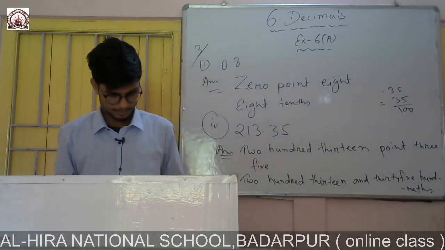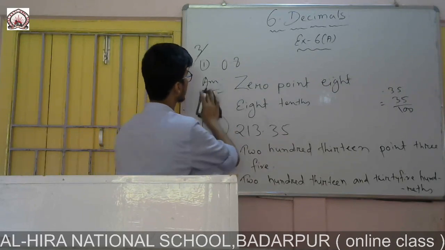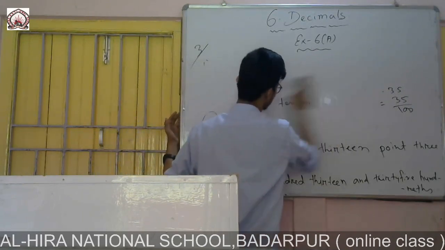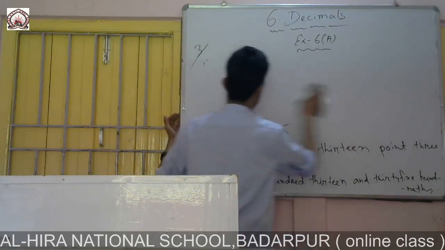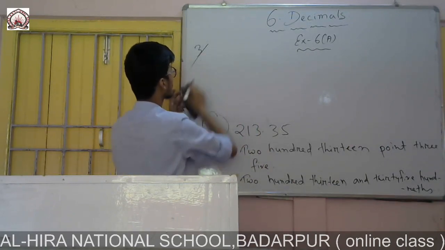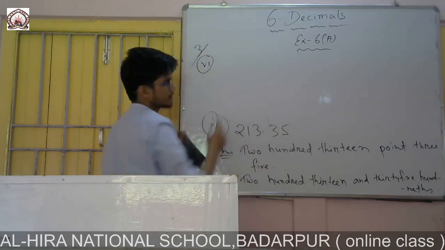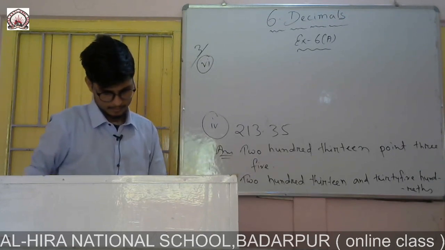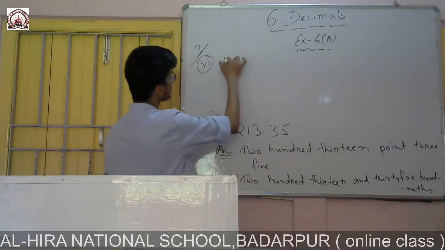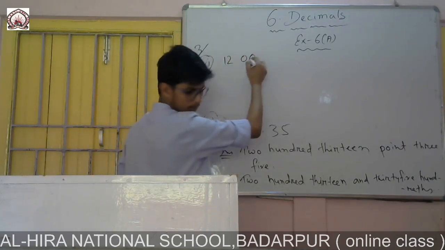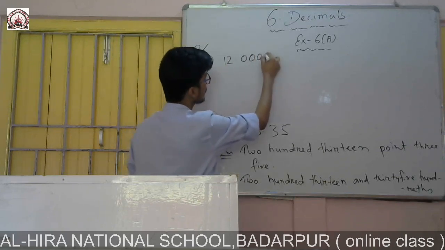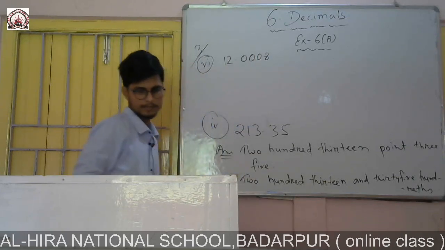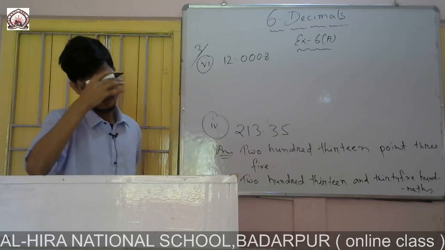Okay, then Roman number 6, you see. It is given 12.0008.